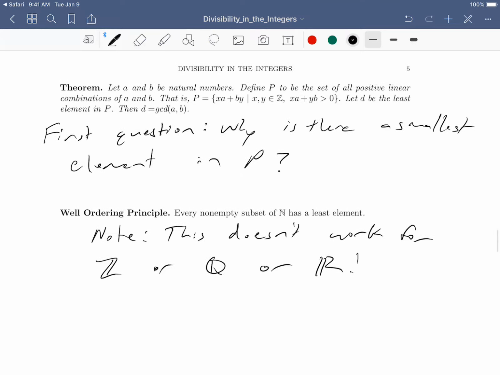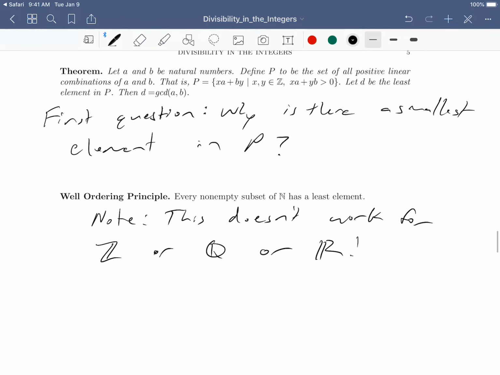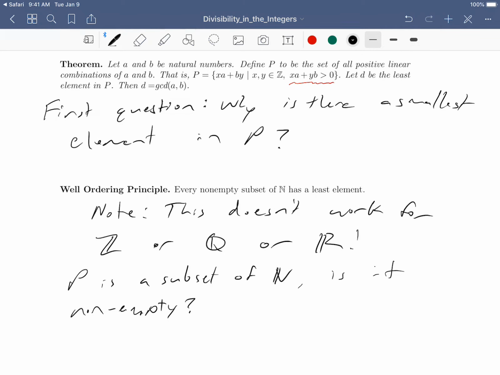Okay. So then the next question is, P definitely is a subset of N because of that condition on xa plus yb being greater than 0 up there. So now we're wondering, is it non-empty? And the answer is yes, because a is a natural number. We were told that at the beginning. And a is definitely a linear combination.